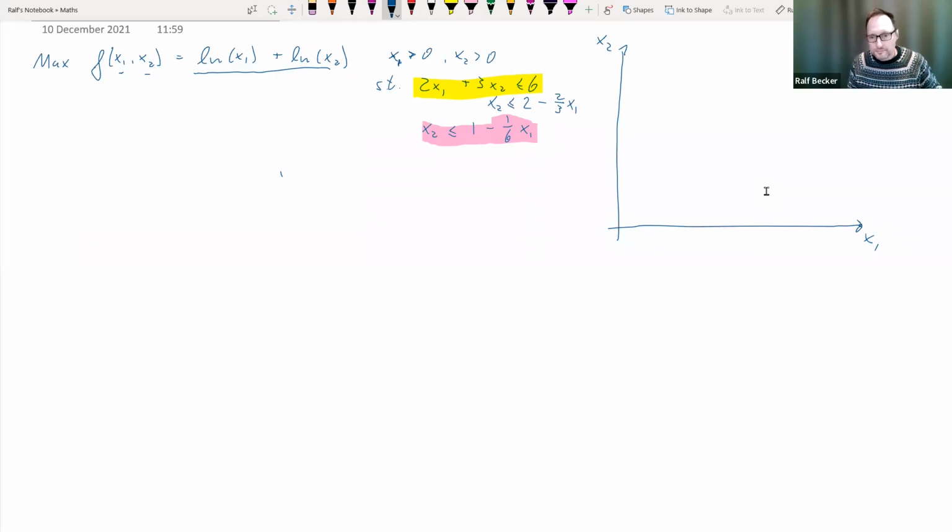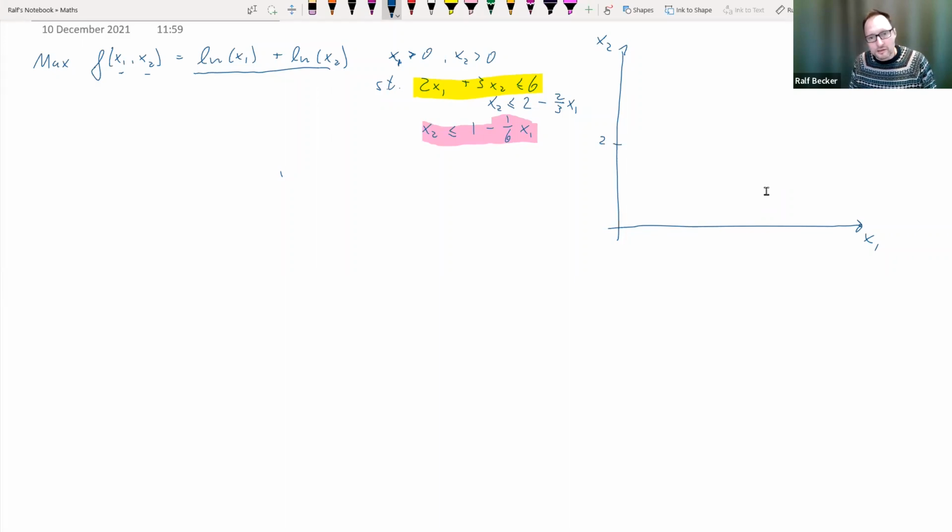Okay, so that is that first linear constraint expressed in a form where we can immediately see that, let's say here's 2, that we're having an intercept of 2 and then a negative slope of negative 2/3. So it's a bit flatter than 1. And you can see, when does it intercept the x1 axis?